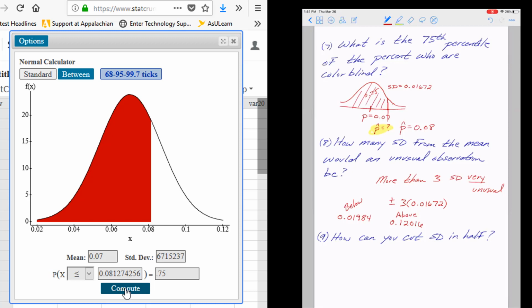Can you cut the standard deviation in half? Well, I mean, I don't know. Let's look at something. Let's look at how do we calculate the standard deviation here?